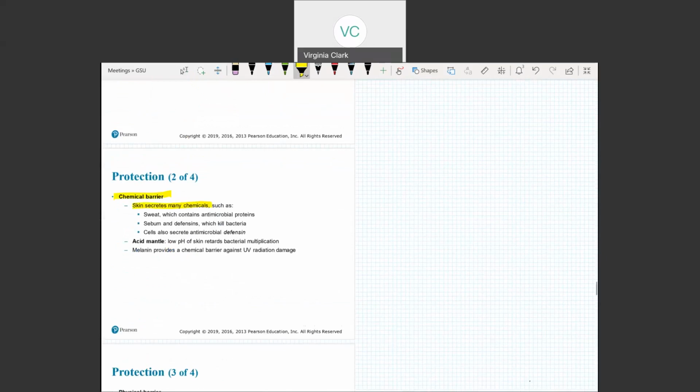So when we have chemicals that are going to be on the skin, what we're talking about is sweat, which has antimicrobial properties. We're talking about sebum. We're talking about something called defensins, which are also found on your skin.